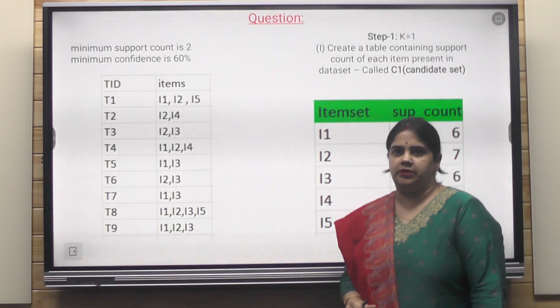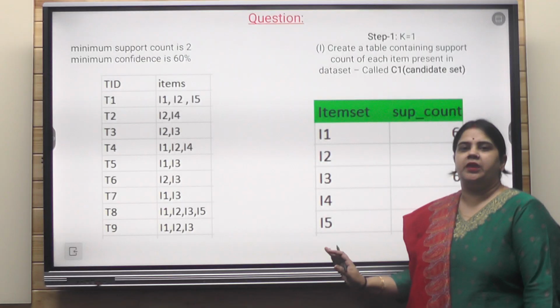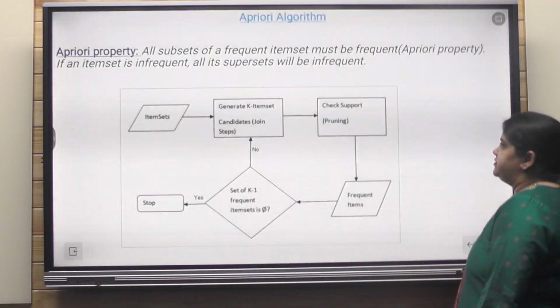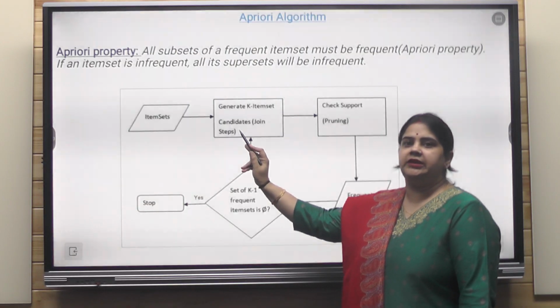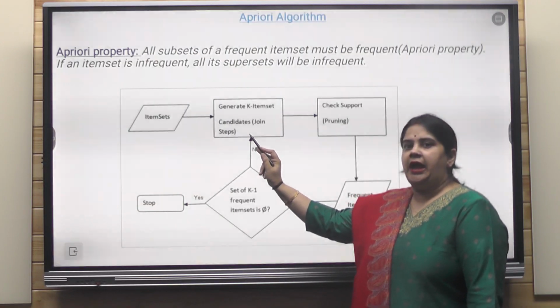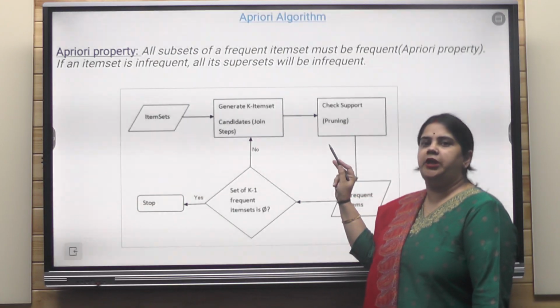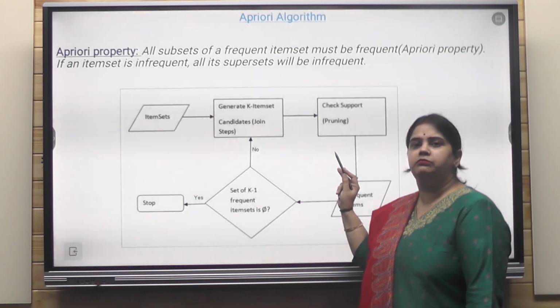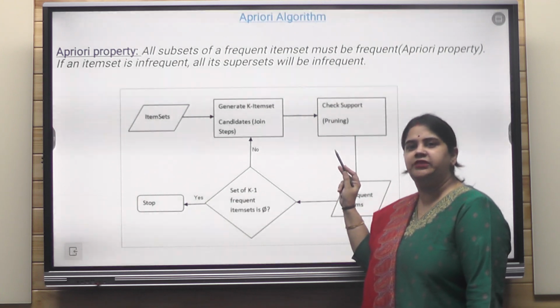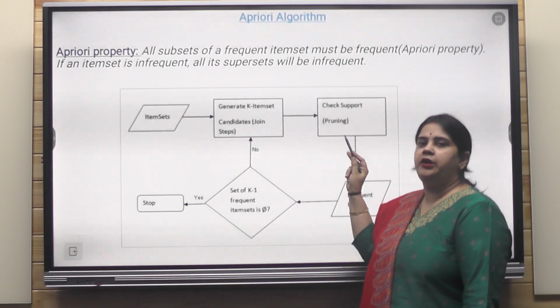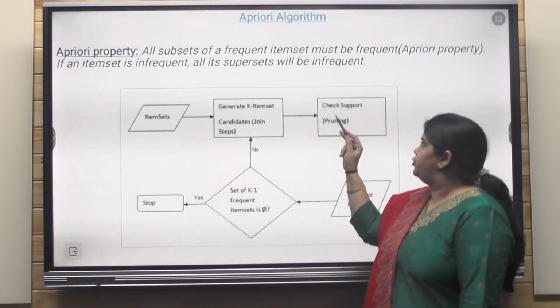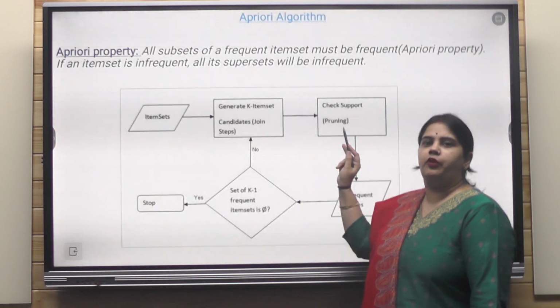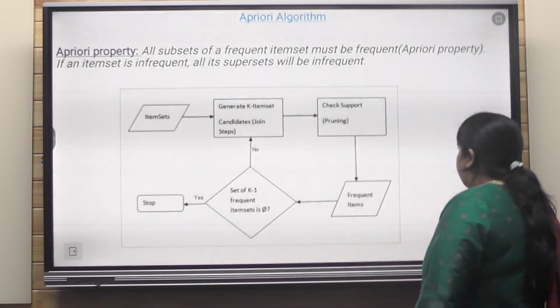from the base table. But here in the iteration, we have seen that at the initial step we create a candidate table, and in the next table we are going to prune. Prune means we are going to leave out those items which do not meet the threshold. It means this pruned table is generated from the candidate table.